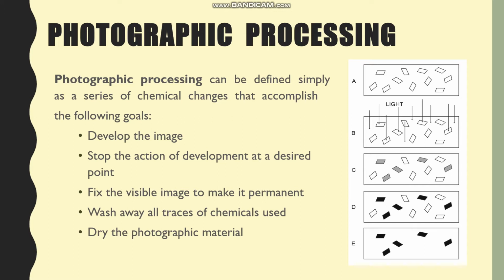So, hindi na siya maapektuhan pa ng light kasi nga, we have the fixer para maging permanent again yung visible image na na-produce natin. So, hindi na siya masisira. Kumbaga, through this third step na kung saan we have this specific chemical na ginagamit para ma-fix yung visible image at maging permanent ito. So, pangatlong step yan.